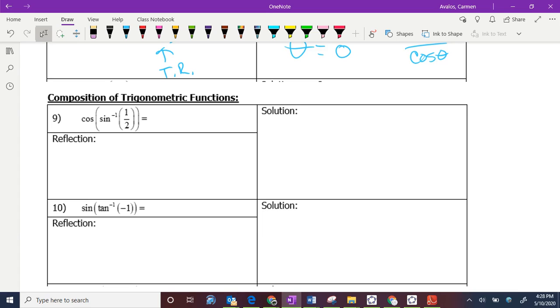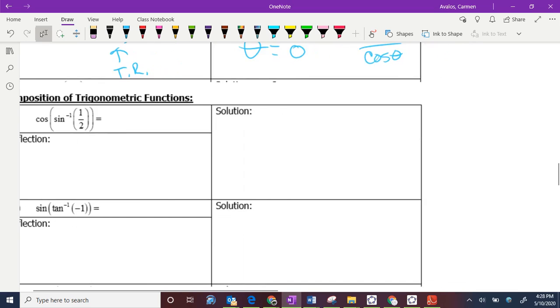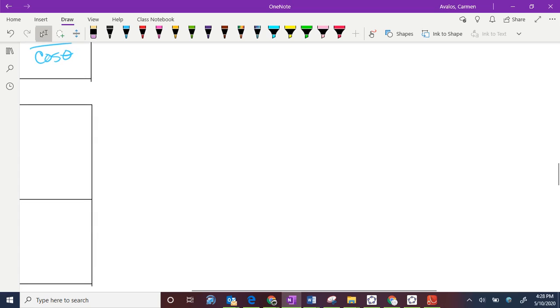So from what we know already, composition of trig functions is, well, compositions of any functions. What it really means is that you take one function and put it inside of another. So say, for instance, I had x squared and I had x plus 2. I have two functions. I have f of x, and let's say that this one here is g of x, and I'm going to take one function and put it inside of the other function.